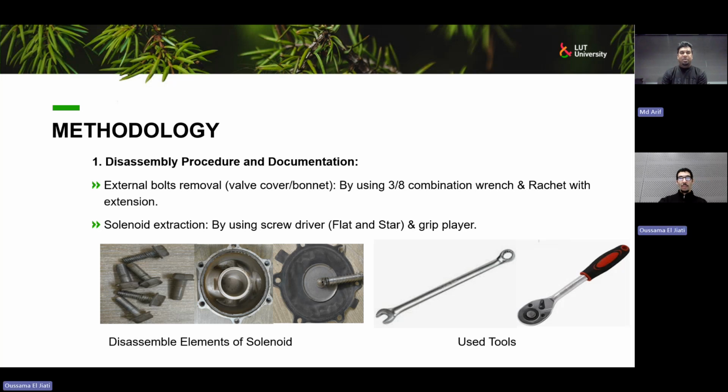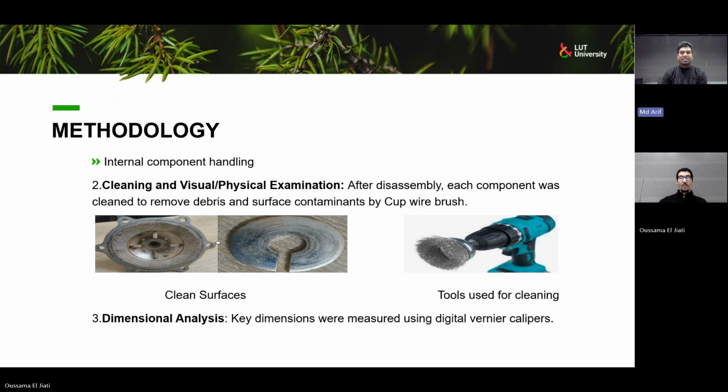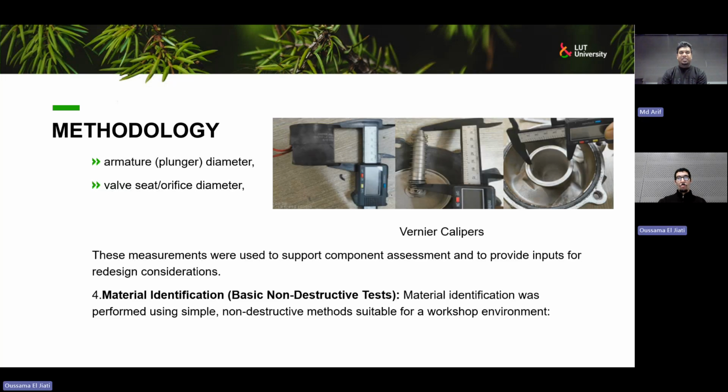In slide 5, after accessing internal parts, we handle the internal core and flange components carefully, because these are precision surfaces. Scratches or dents could create sealing issues or friction problems and ruin the analysis. And in slide 6, after cleaning and visual checks, we move to dimensional analysis.